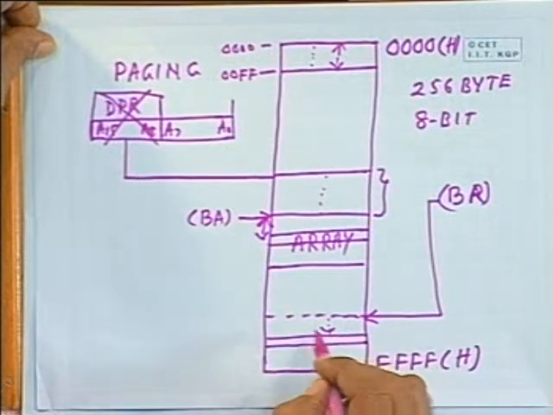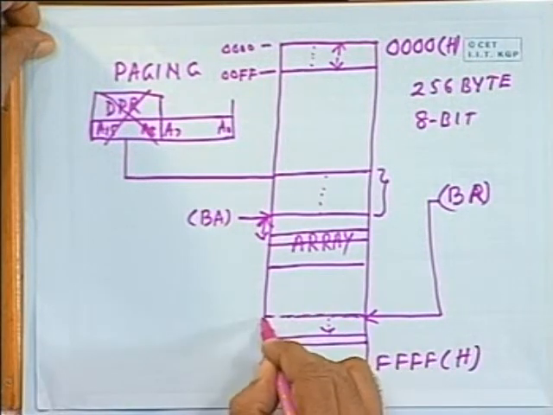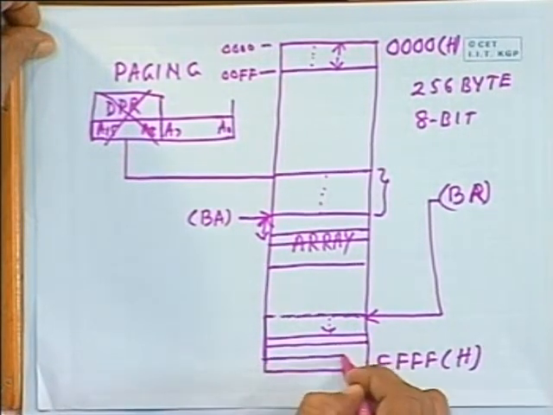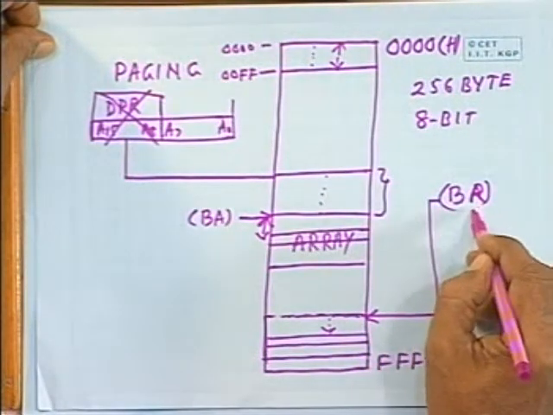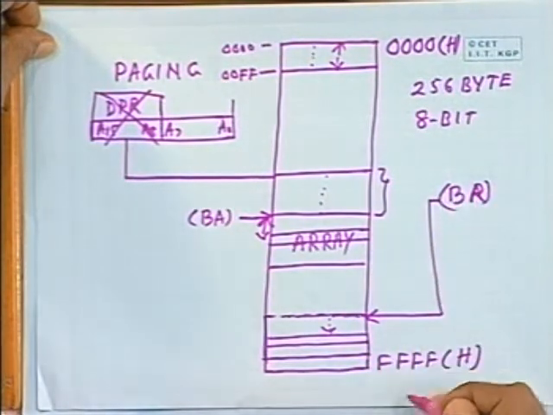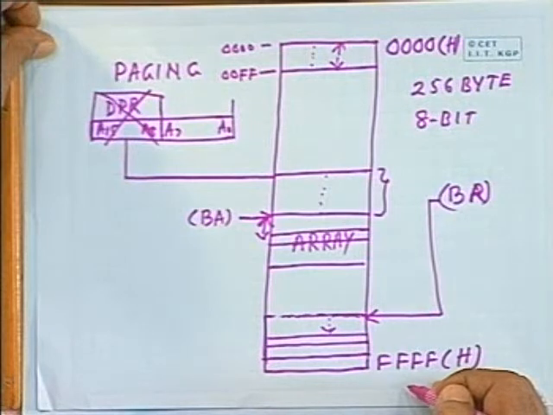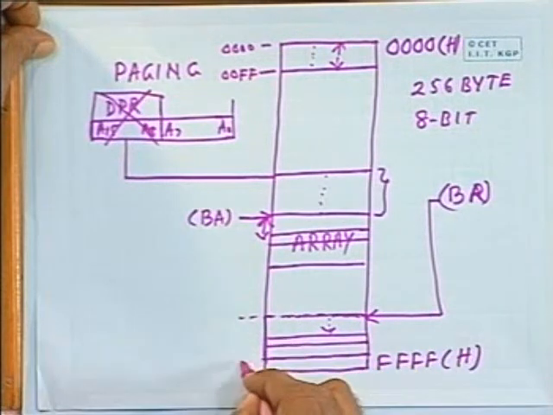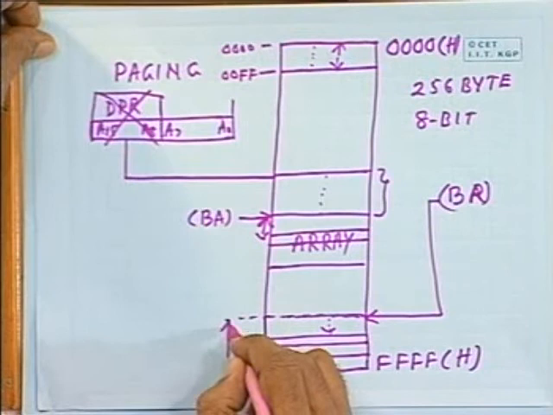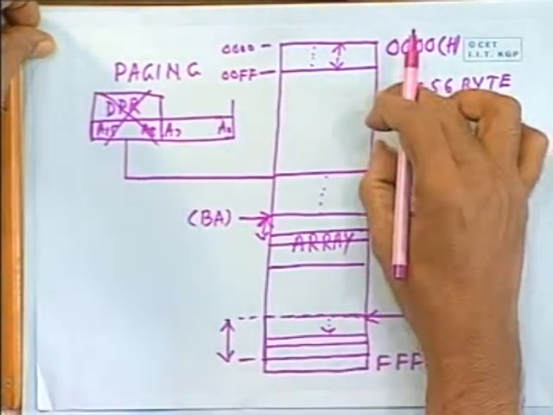Now suppose initially your program was here, and that time the base register value was something. Now you want to change this program; the entire program has to be shifted to another part of the memory.